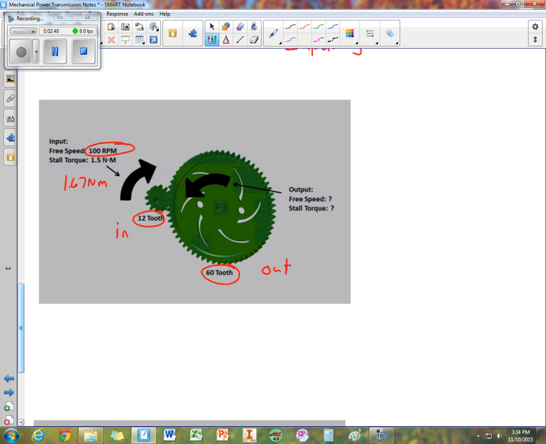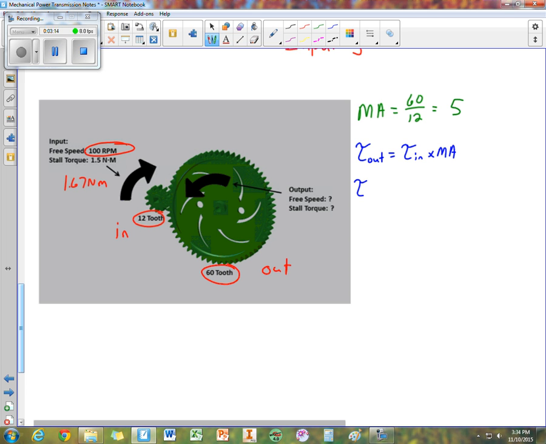So, getting us started then, the mechanical advantage would equal 60 over 12, which is 5. So the mechanical advantage of this gear system is 5. So when I go to calculate torque, the output torque equals the input torque times the mechanical advantage.